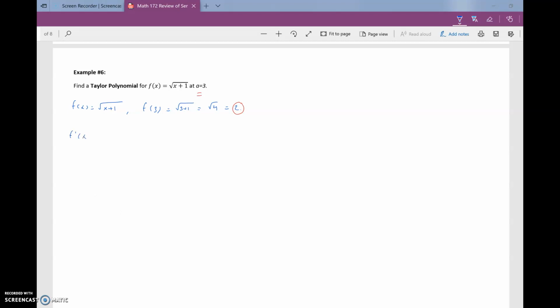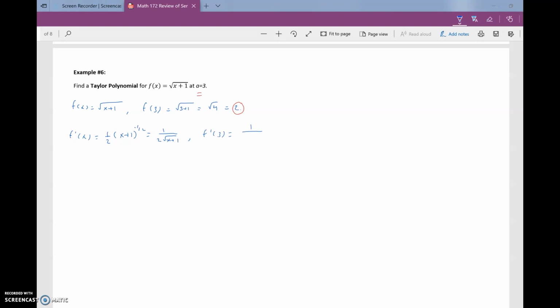So therefore, f prime of x is equal to 1/2 (x plus 1) to the negative 1/2, since we're subtracting that value. And I'll leave it like that. Actually, let me just rewrite it as 1/2 square root of x plus 1. And then we're going to be evaluating f prime of 3.